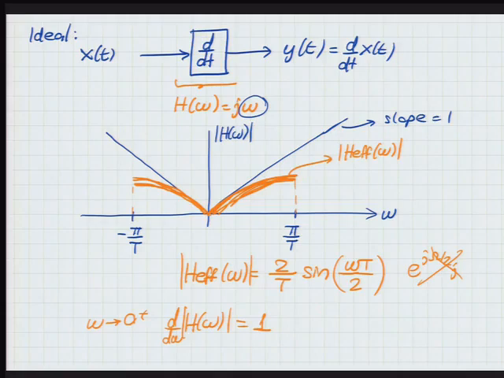Ideal is the blue, orange is what we got. Is that cool? Are you happy? You know, for low frequencies, for systems that don't change too fast, for systems whose frequencies are limited to this range, that's pretty good, because the slopes match, right? You're pretty close to the desired frequency response, right?